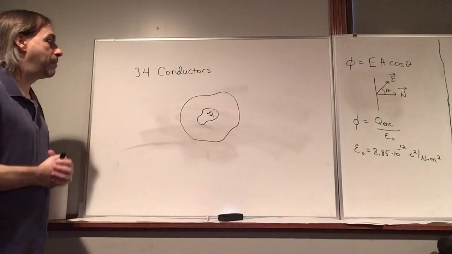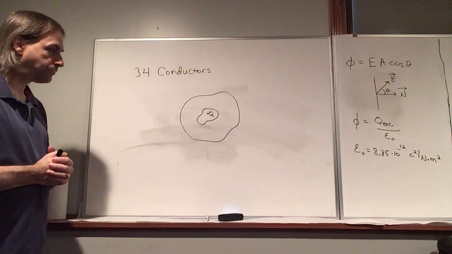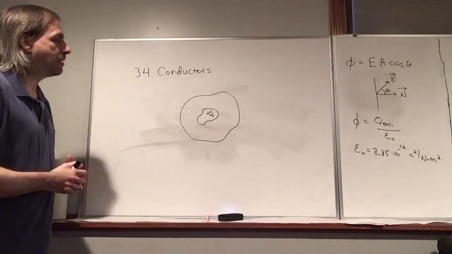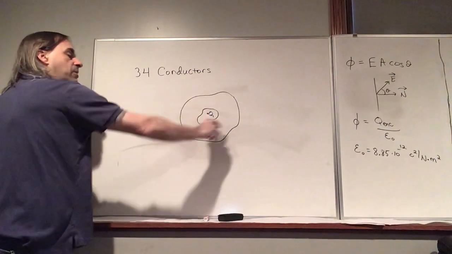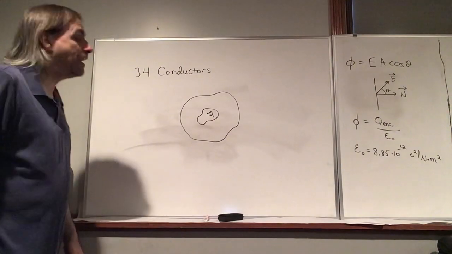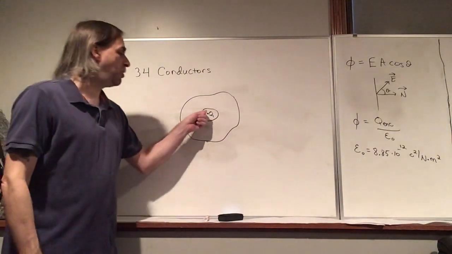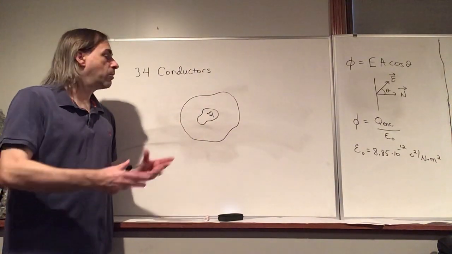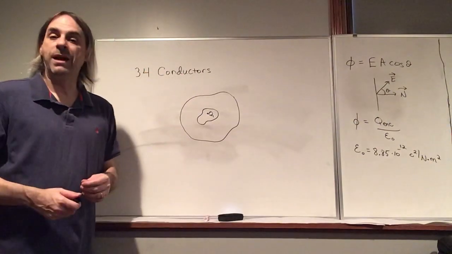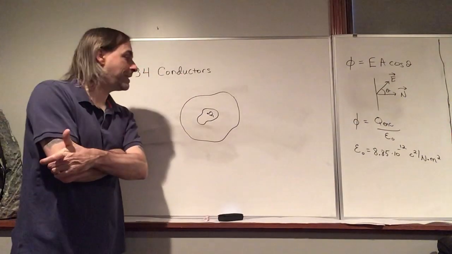And so what's going to happen is, the conductor is electrically neutral, and it's going to remain electrically neutral, unless Q1 was extremely strong, where it could actually rip electrons off of the metal, but let's say that's not going to happen.